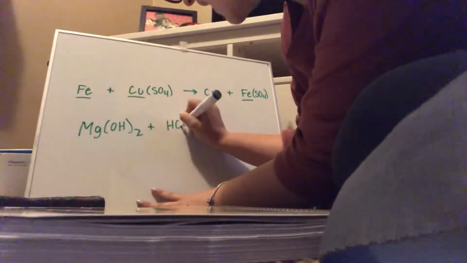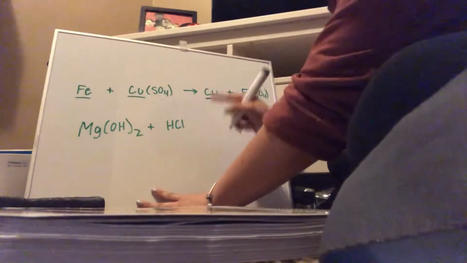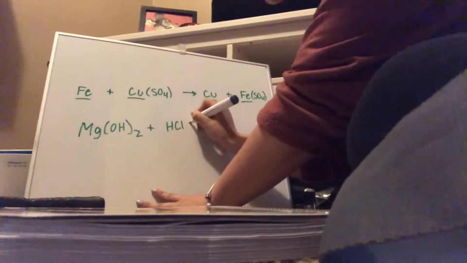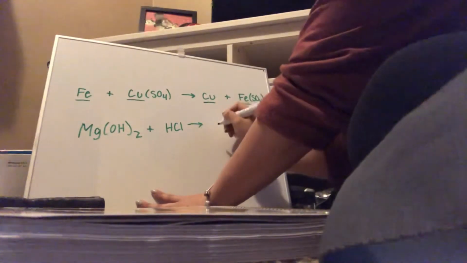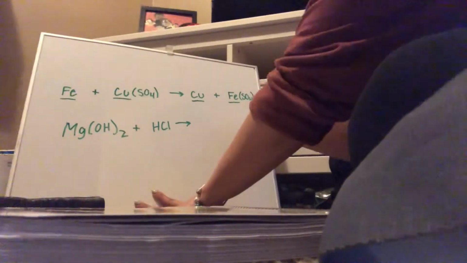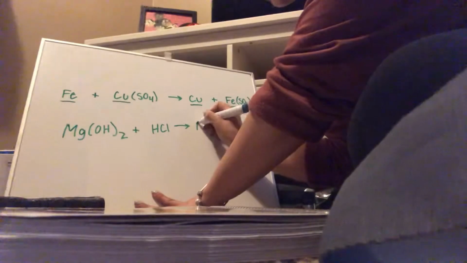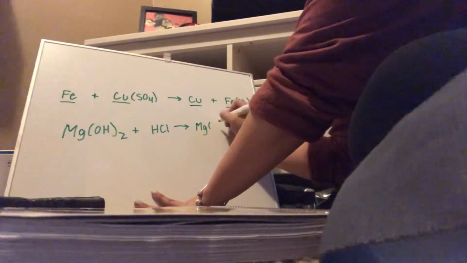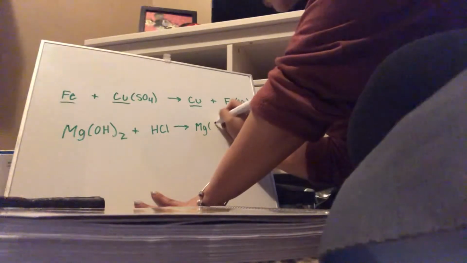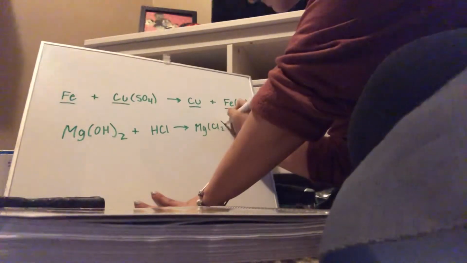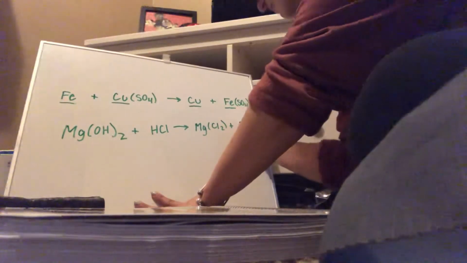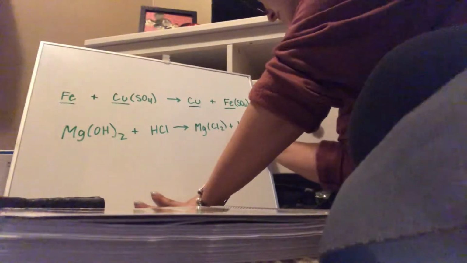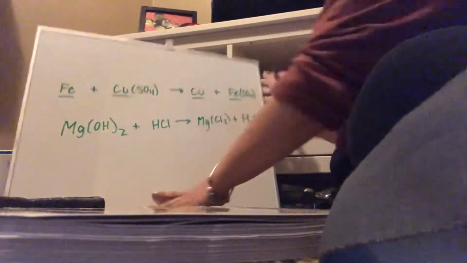But you don't need to balance them to identify which type of reaction it is. So magnesium hydroxide and hydrogen chloride. Nice, good base and acid reaction. So this is great.